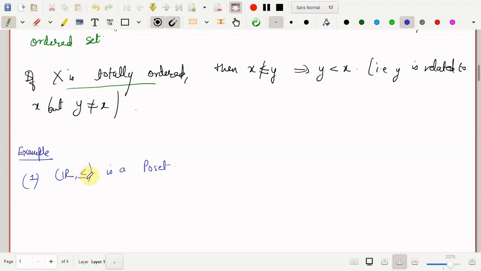It's reflexive because for every x in R, x is less than or equal to x. It's antisymmetric, that is whenever x is less than or equal to y and y is less than or equal to x, this implies that x is equal to y. Third, whenever x is less than or equal to y and y is less than or equal to z, this definitely implies that x is less than or equal to z. So it's very easy to show that this standard relation less than or equal to is a partial order, and so R with this relation is a poset.